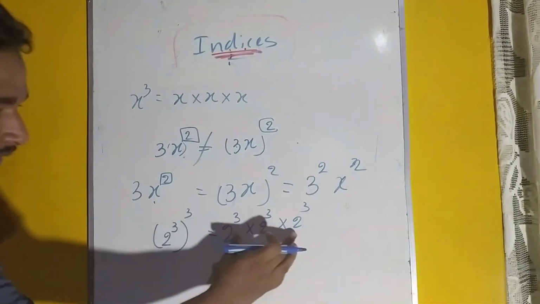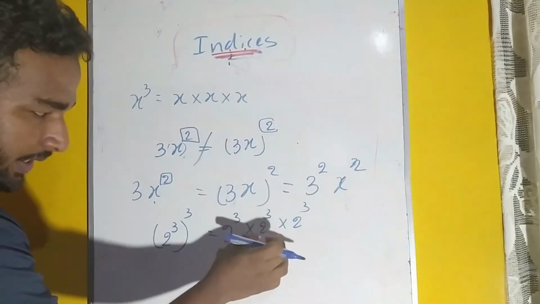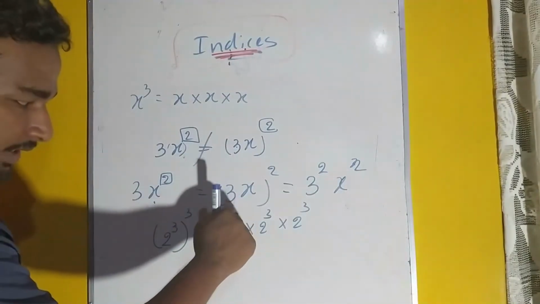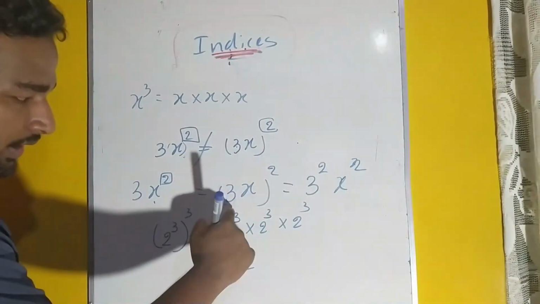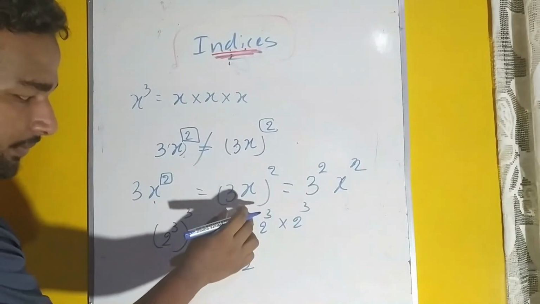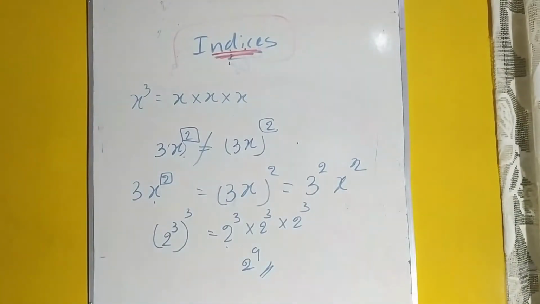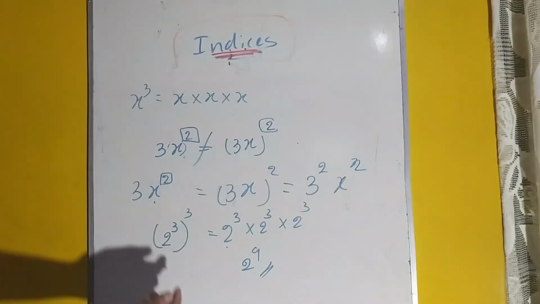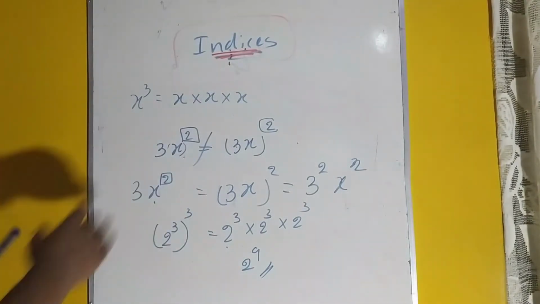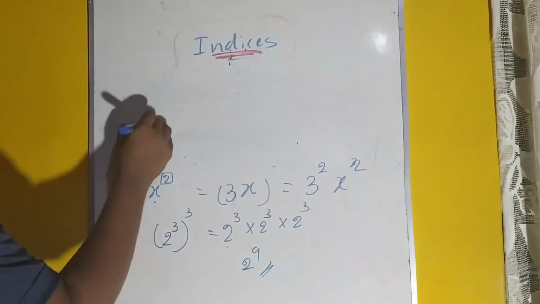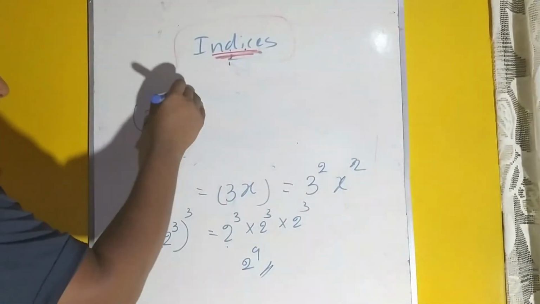So you see, in multiplication, if the bases are same, what you can do? Add the powers. So I am adding these powers. The common base is 2. 3 plus 3 plus 3 is how much? 9. So the answer is 2 to the power 9. So if they given, let's take, if they given like this, x to the power 5 whole thing to the power 2.